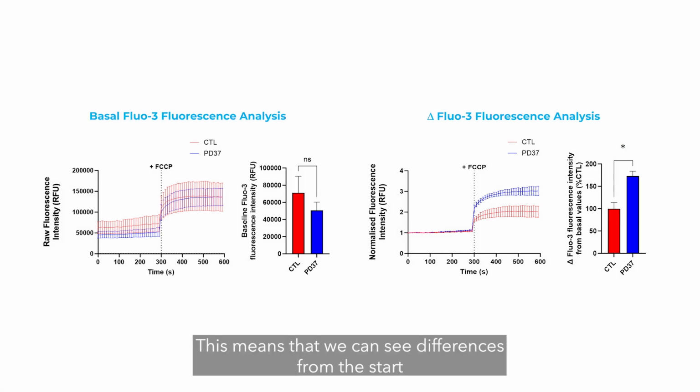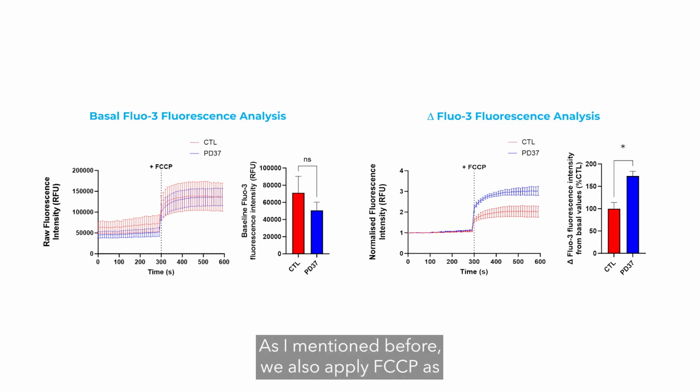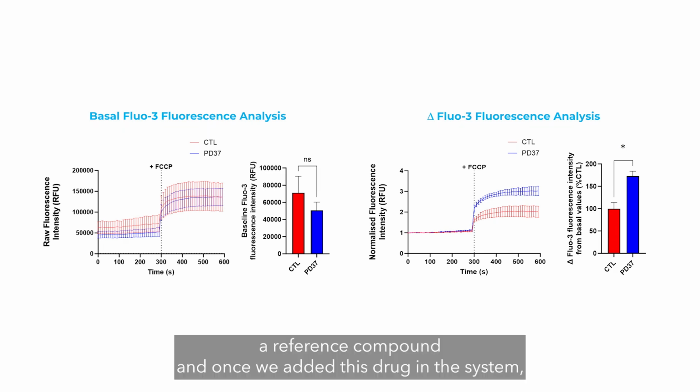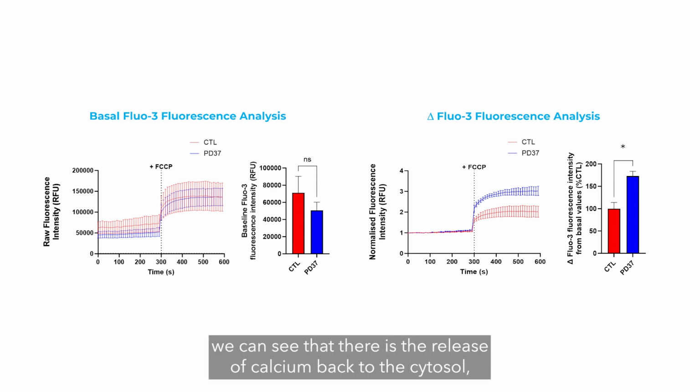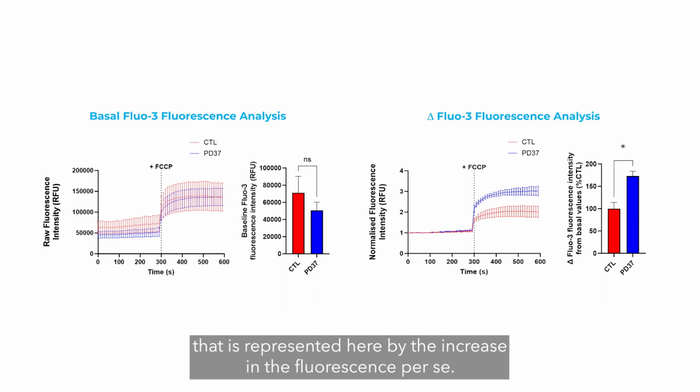This means that we can see differences from the start between the two cell types, control and diseased. As I mentioned before, we also apply FCCP as a reference compound. Once we add this drug to the system, we can see the release of calcium back to the cytosol, represented here by an increase in the fluorescence.